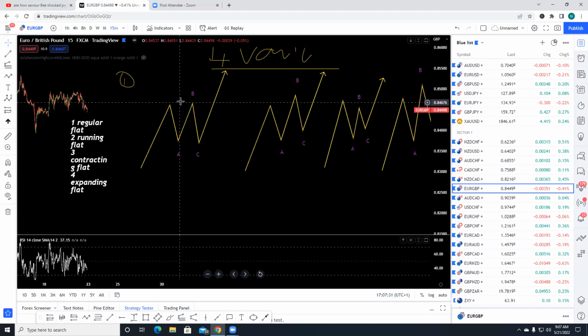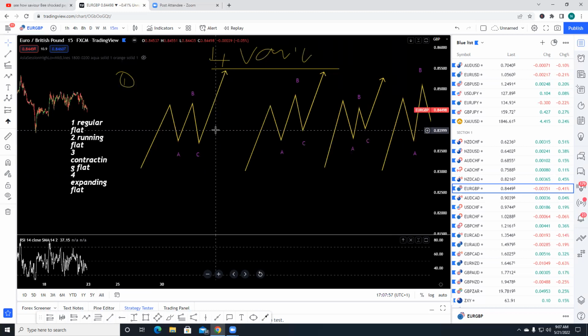wave A of a flat is usually either 3 waves or 5 waves. Wave C is always 5 waves. Wave B is always 3 waves. But there are moments where wave B is very short. Okay? There are moments where wave B is the same length as wave A and wave C. And there are moments where wave B is longer.